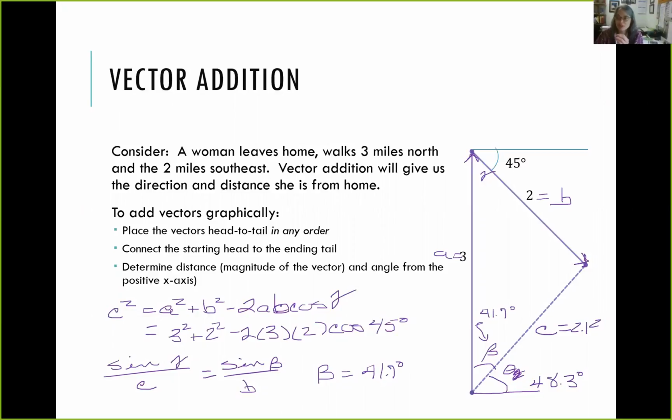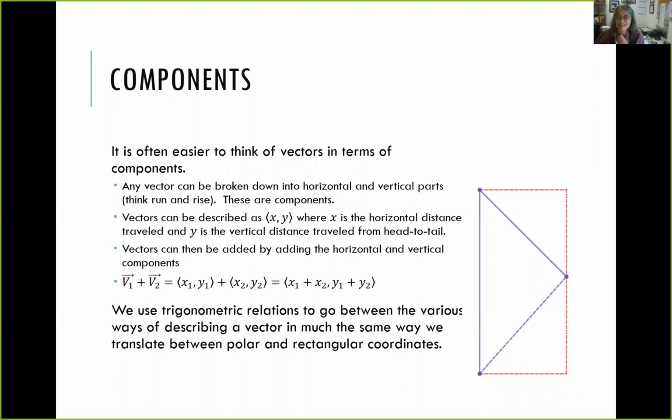But you can also see that we could not just add together 3 miles and 2 miles and get 5 miles, because although she walked 5 miles, her actual straight line distance from home is not 5 miles. Okay. That's kind of the hard way, although we do it that way sometimes.